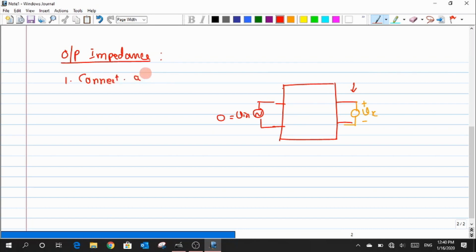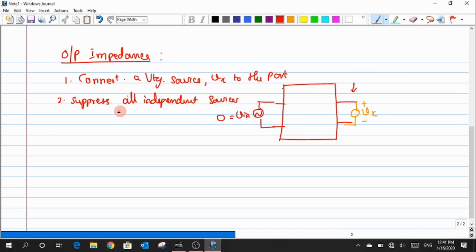Connect a voltage source Vx to the port where you exactly want to identify the impedance. The second point is to suppress all independent sources. When I say independent sources, a Vn is something related to that.